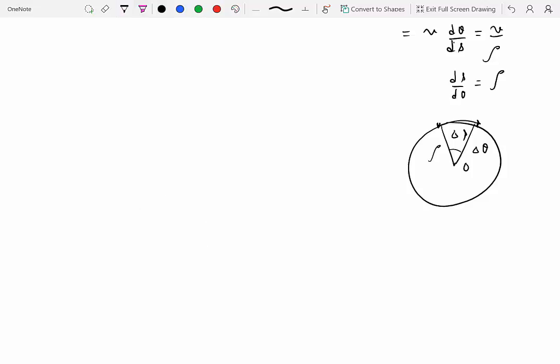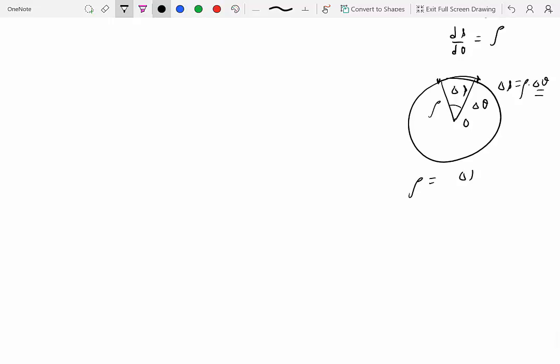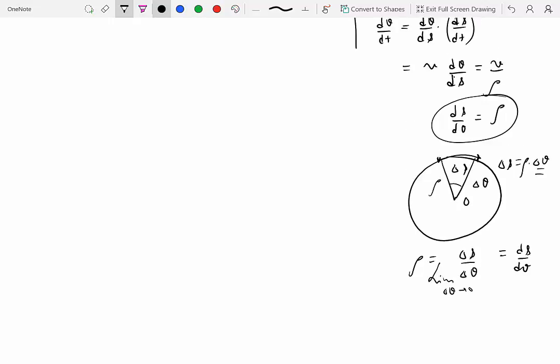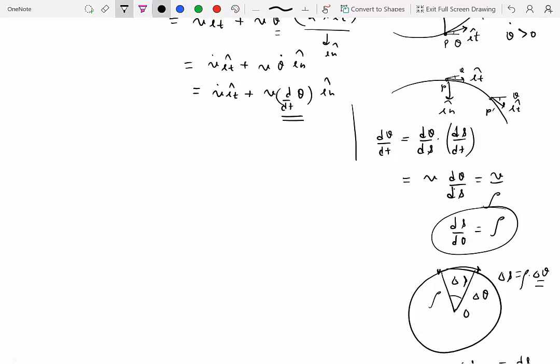If the radius of curvature is rho, then delta s is rho times delta theta. So in the limit when delta theta goes to 0, you can write rho equal to delta s over delta theta, and this becomes ds over d theta. And that's the relationship we are using over here. This is not without a lot of rigor, but that's the general idea. So ds over d theta is the radius of curvature.